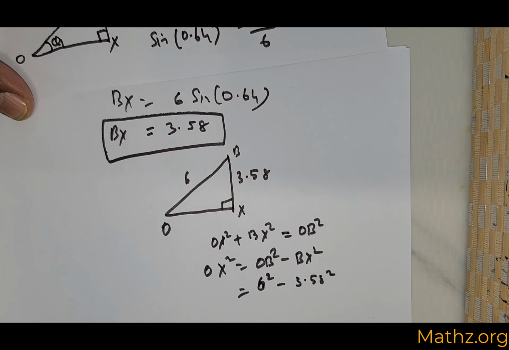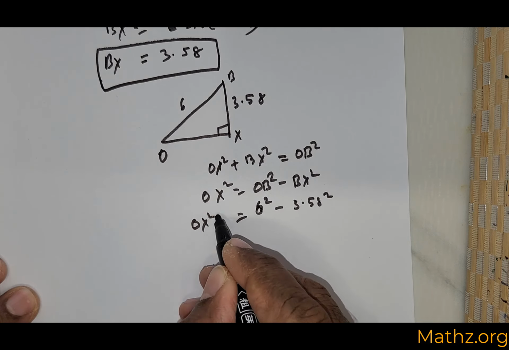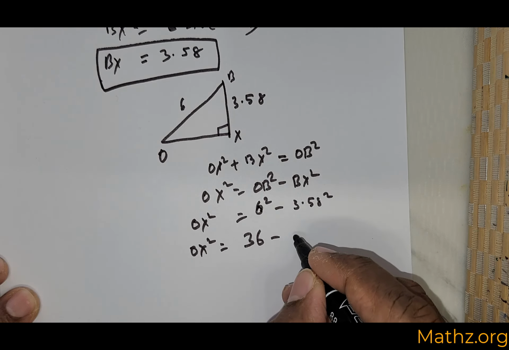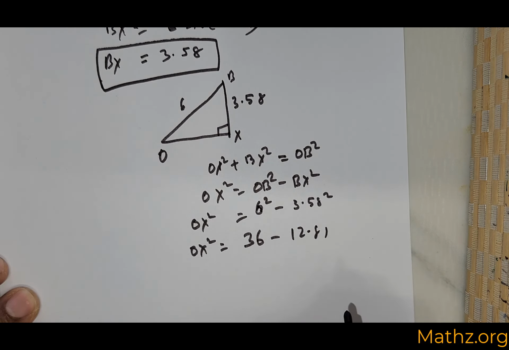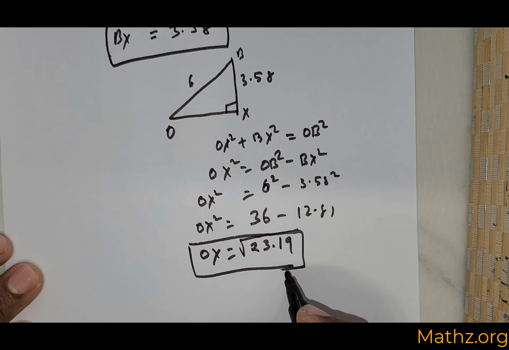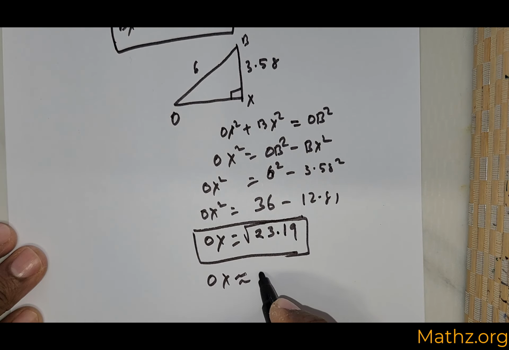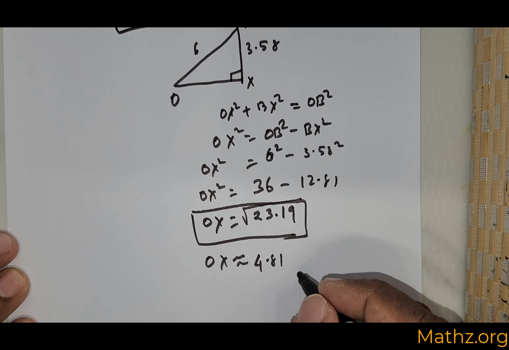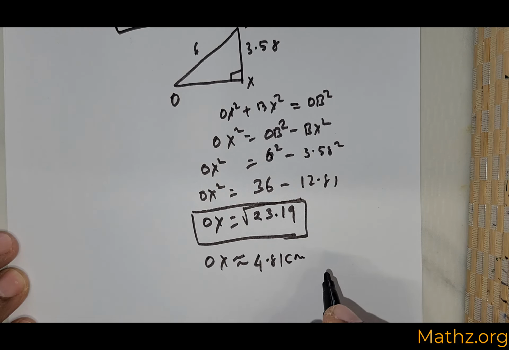BX is 3.58 squared. You can use a calculator. So OX squared is equal to 36 minus 3.58 squared. That's approximately 12.81. So you take the square root of this. OX is approximately 4.81. Whatever unit they are giving you, you can add that unit. Since I see that it's given in cm, you can place cm there and to all other values that you have extracted. So OX is got.